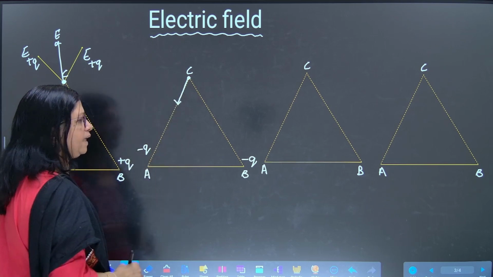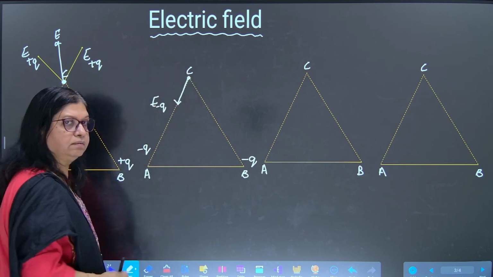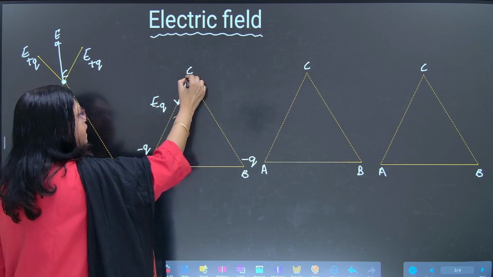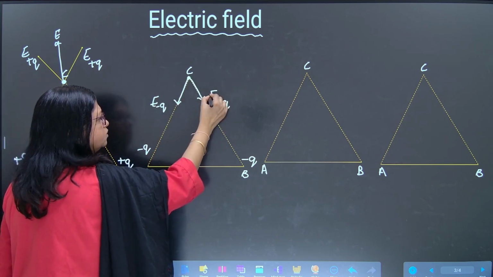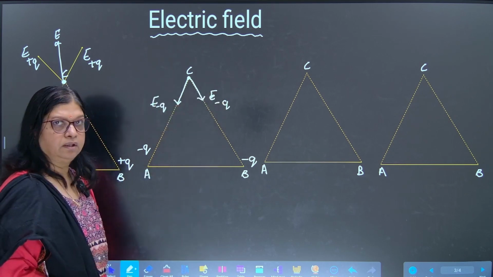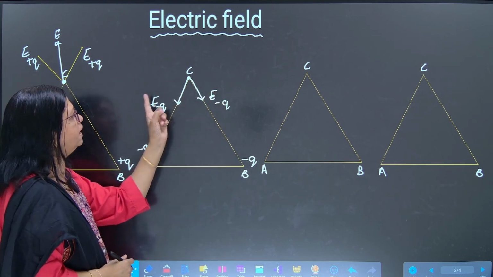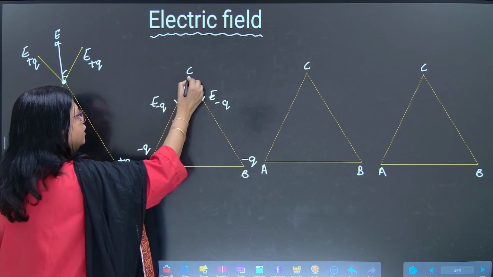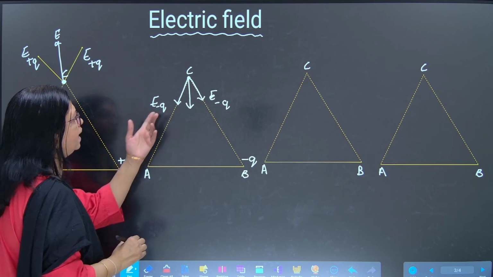This is the electric field, E minus Q along CA for this charge. This is the electric field again, E negative Q. I am just naming this; you can name it as E1 and E2 also, for the point C and negative Q. The resultant of these two is vertically downwards. So how will I write here? Either I write vertically downwards.